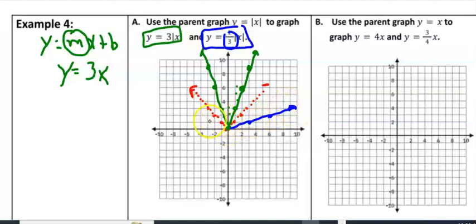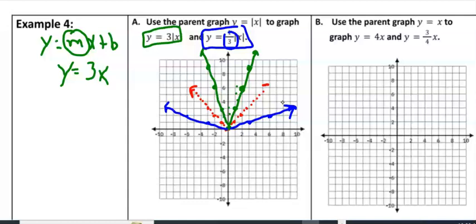And then I draw my graph. Up 1 to the left 3. Up 1 to the left 3. What do you notice about the one in blue relative to the parent function? What has it done? Get wider, didn't it?